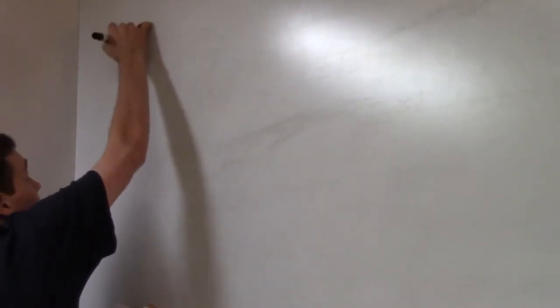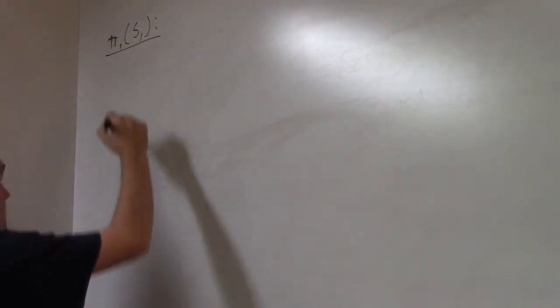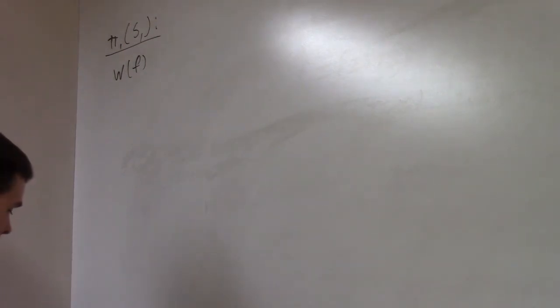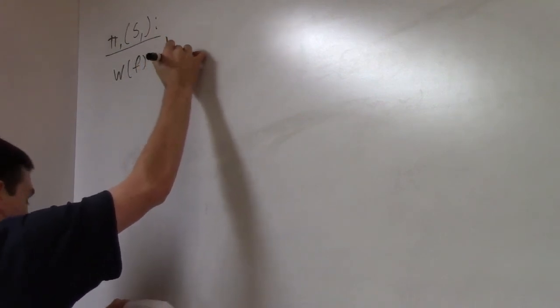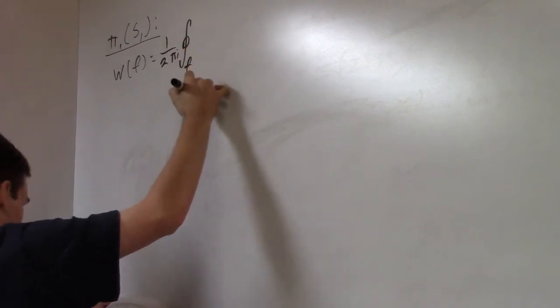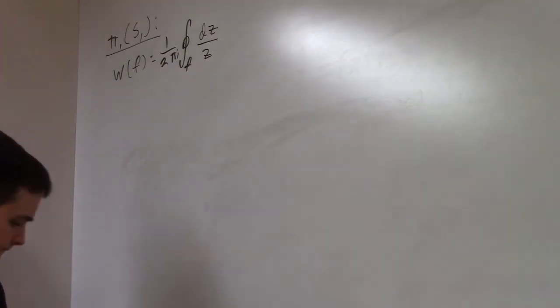So, in his first few paragraphs here, he talks about the winding number, which we talked about in complex. The winding number of a path f from R to the complex numbers is defined to be 1 over 2 pi i times the integral around the path f of dz over z.